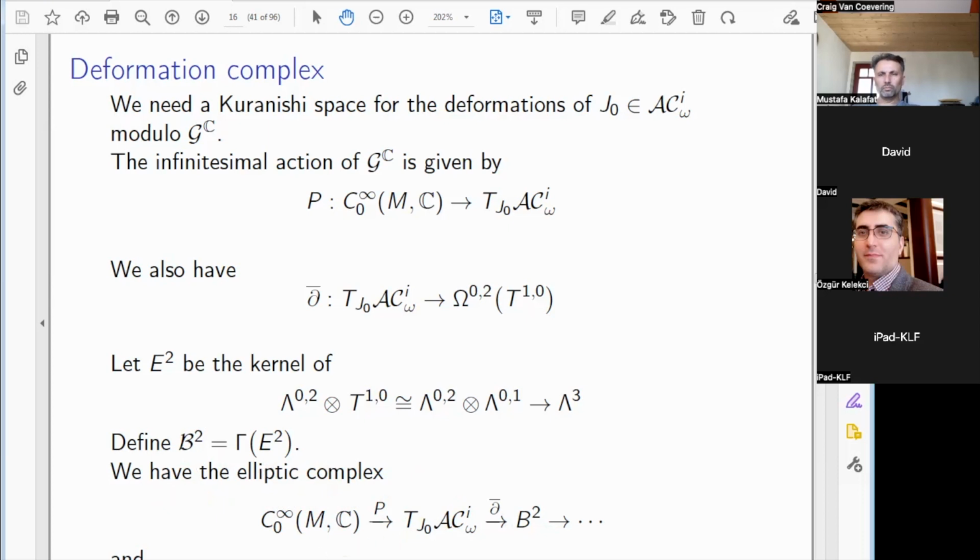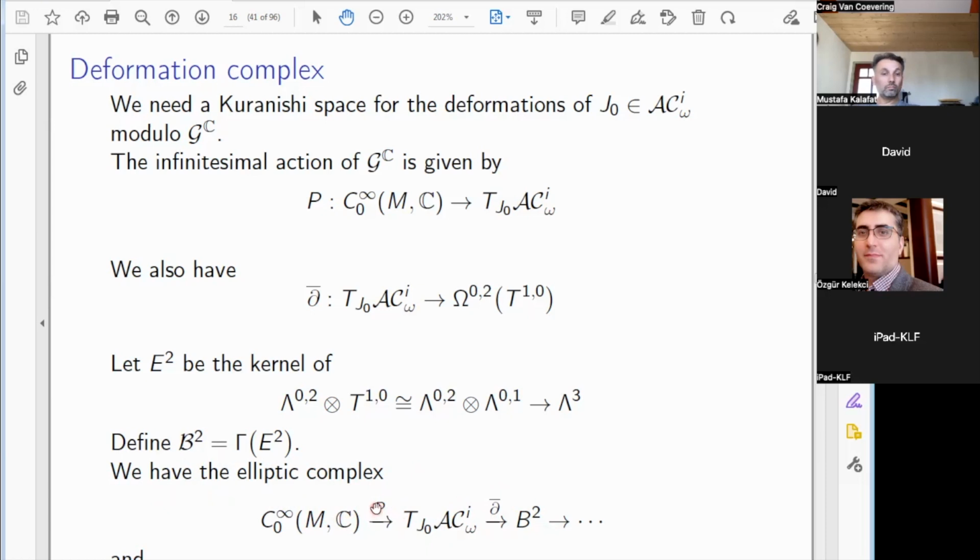And then the first cohomology of this is like the kernel of del bar here, and then the kernel of the adjoint. This is the Lichnerowicz operator.